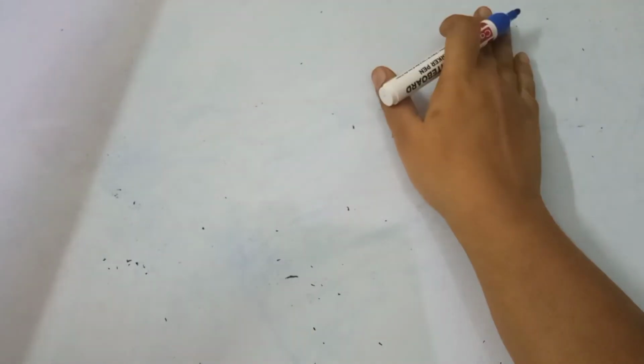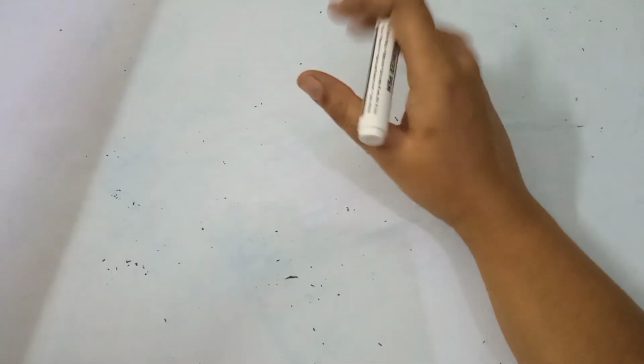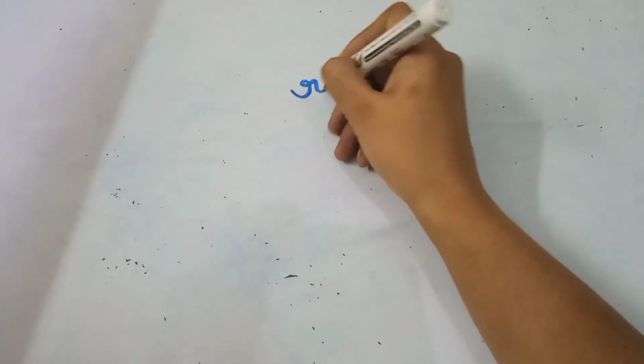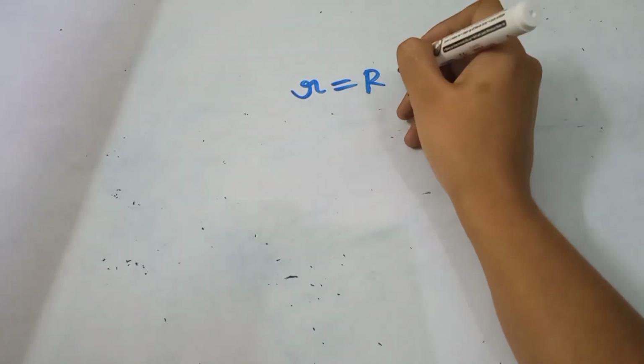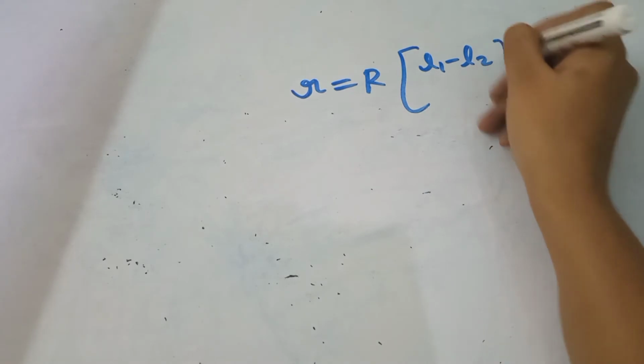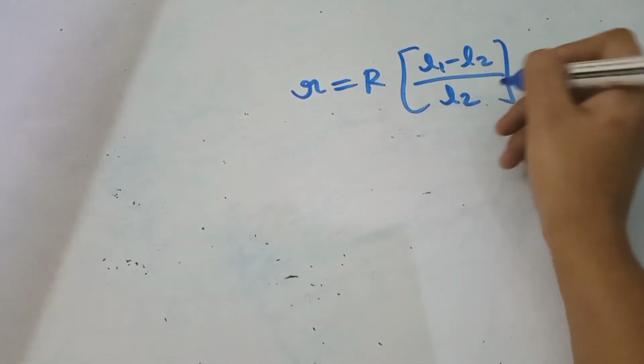In 19th question, in a potentiometer experiment, the balanced length with a cell is 120 centimeter. When the cell is shunted by 1 ohm resistance, the balanced length becomes 40 centimeter. The internal resistance of the cell. We know the direct formula. Internal resistance is equal to capital R into L1 minus L2 divided by L2.